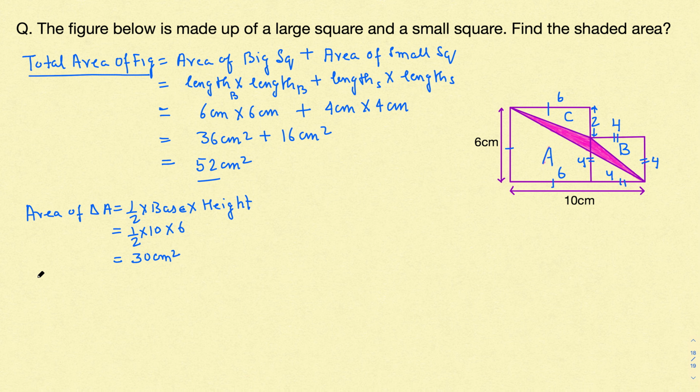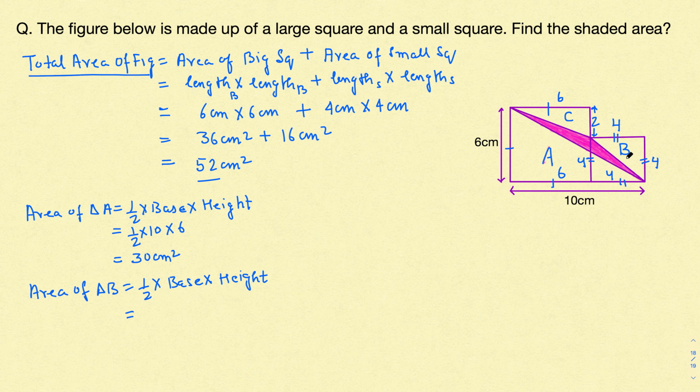Now similarly, let's quickly find out the area of B and C as well. So area of triangle B would be again same formula, half times base times height. So what's the height and the base of triangle B?